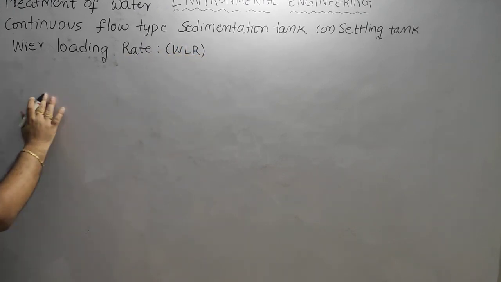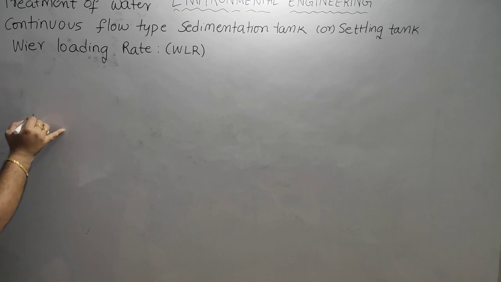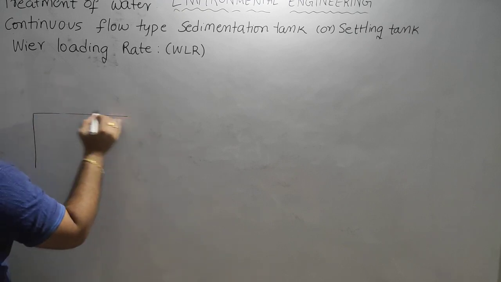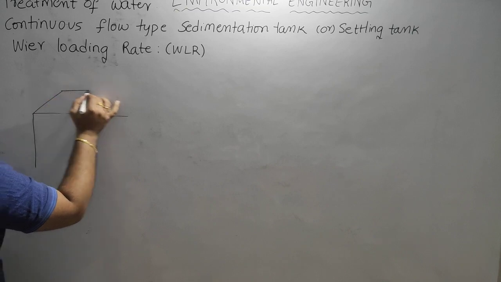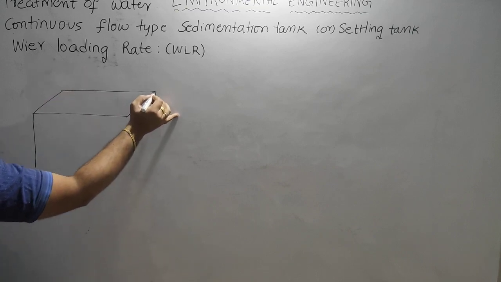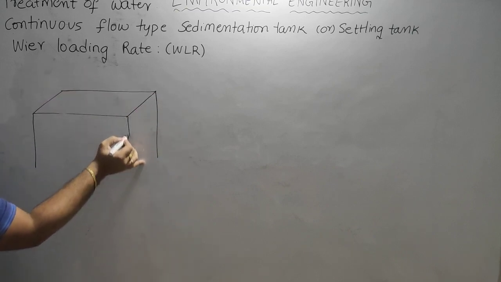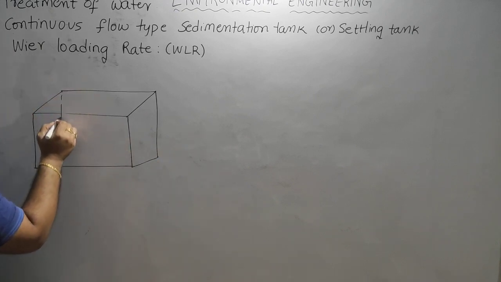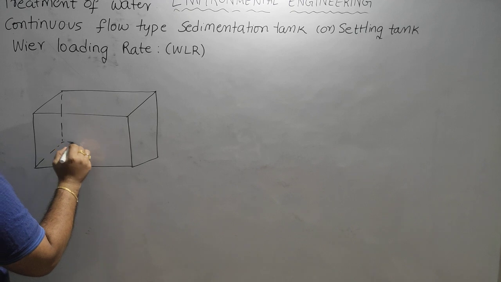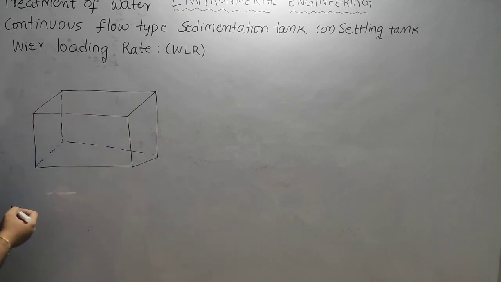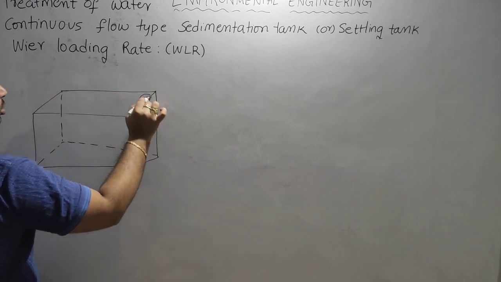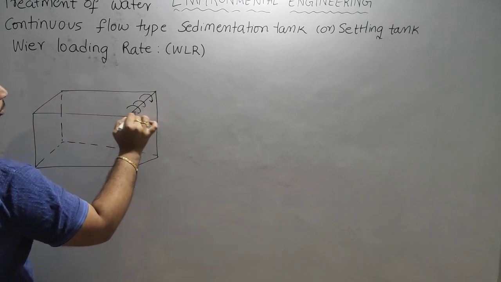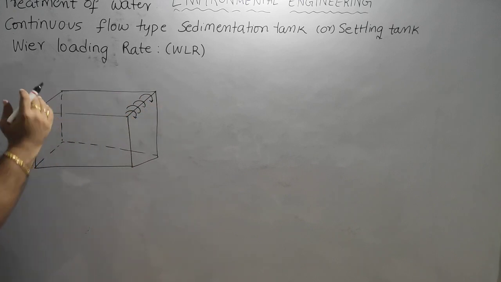If you take a rectangular tank, so this is the rectangular tank. So the flow which is going out of the tank, this is the wear from which the flow will go out of the tank.